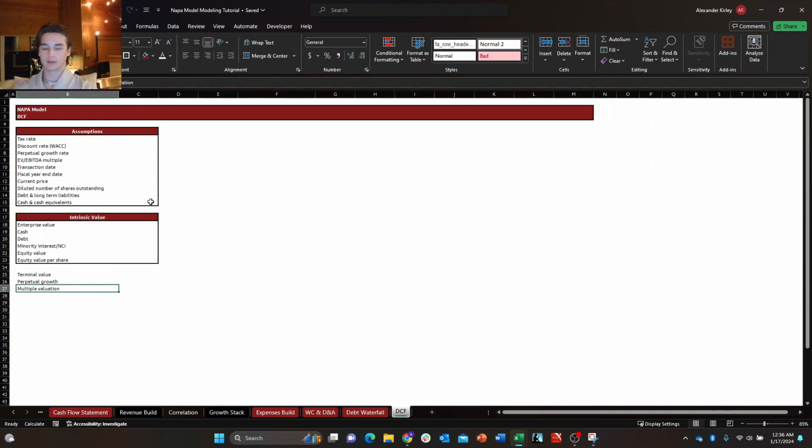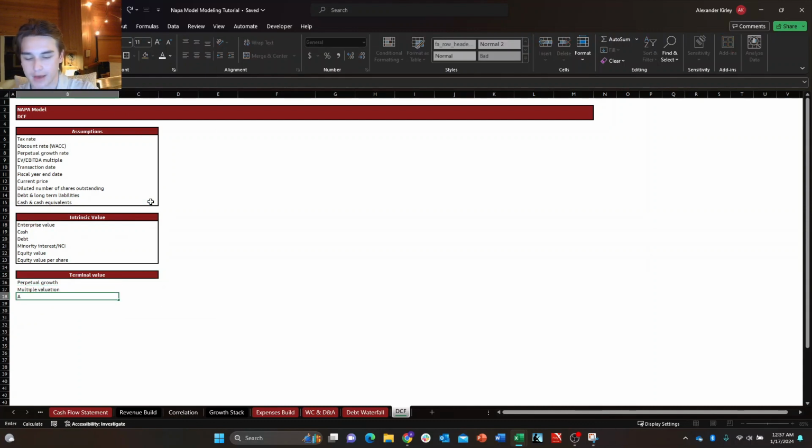So the whole idea here is this terminal value is going to be a function of these two averages. Oftentimes at your banks, they'll just utilize your multiple valuation. We'll find some sort of midpoint between these two and work from there. Oh, and then an average, of course.